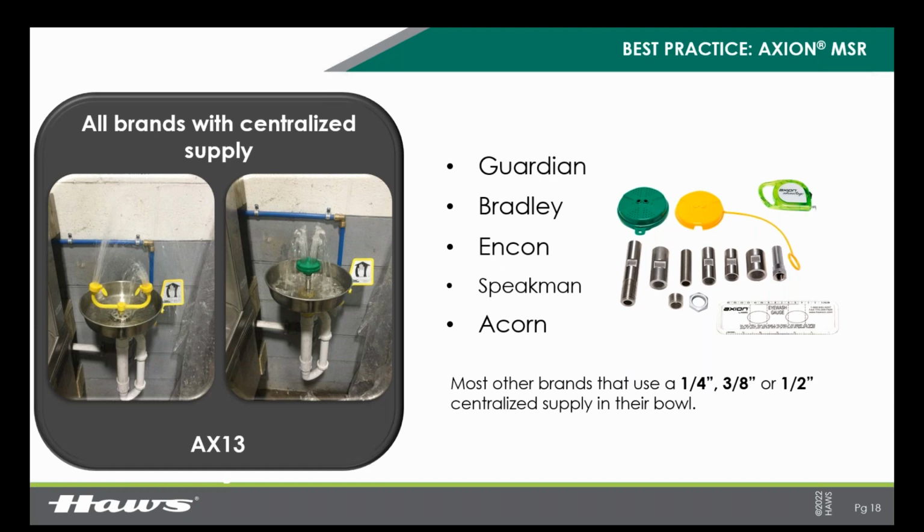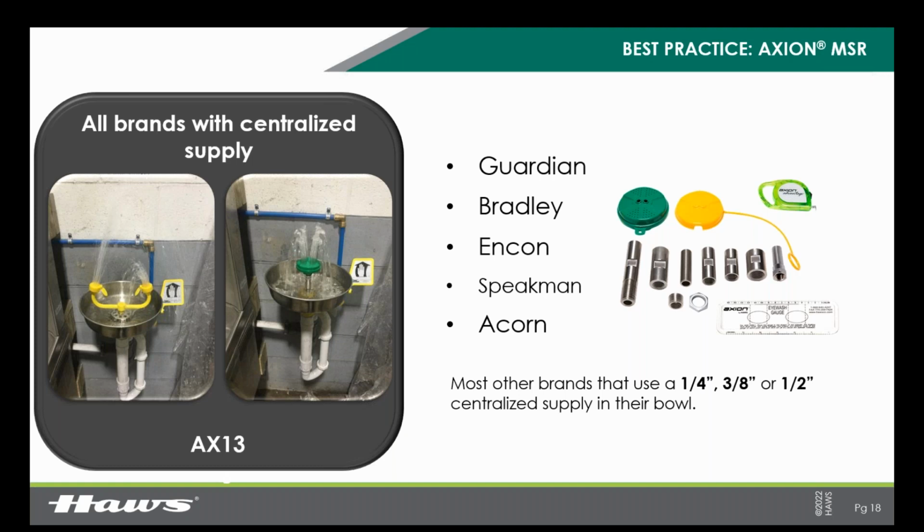The other side of this is the AX13 kit. This includes an eye face wash head with no shower head. This is for the situations where you see here on the left, you have uneven flow rates, injurious flow rates, and we just need to dial that pressure down and control it in an even fashion. You can see our eye face wash doing its work there on the right hand side.